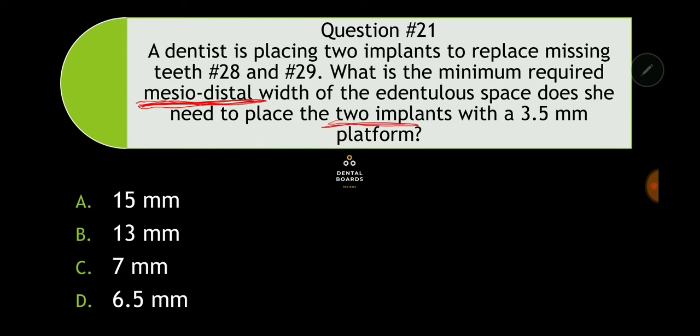with a 3.5 millimeter platform? Okay, so let's do some calculation. So you have your mandible here, and 28 and 29 are missing. So you have your tooth number 30.